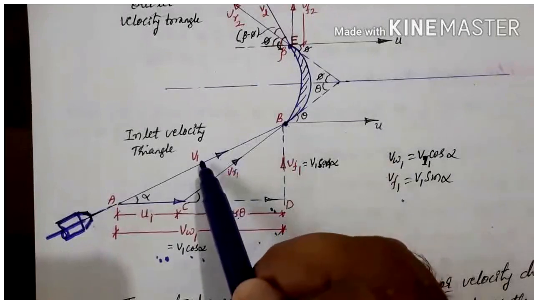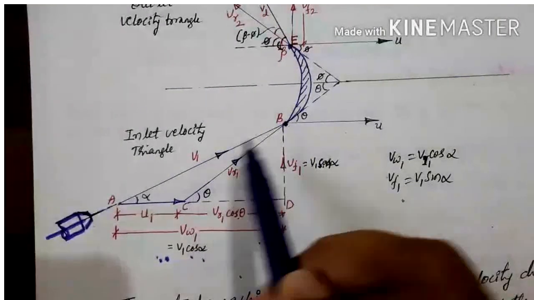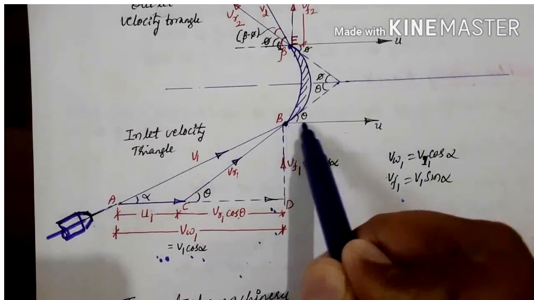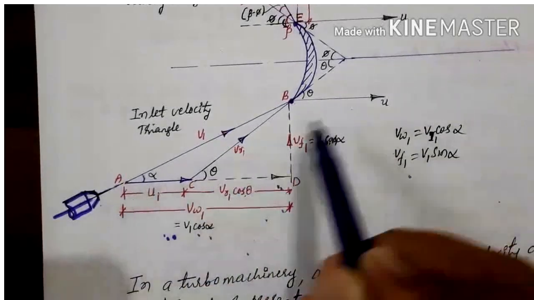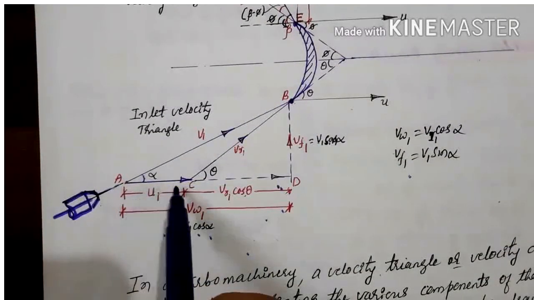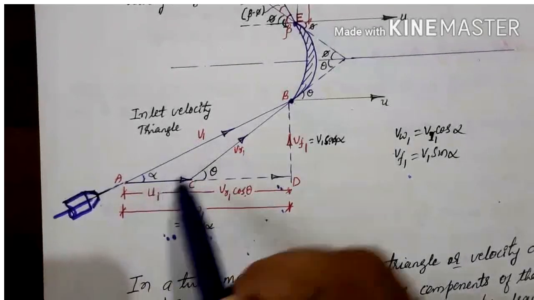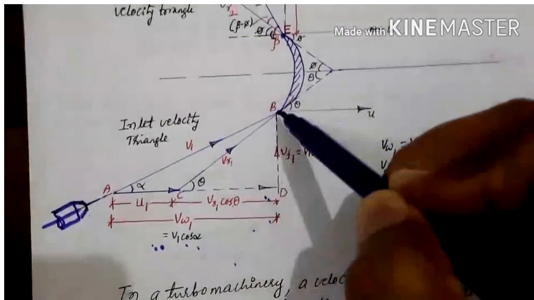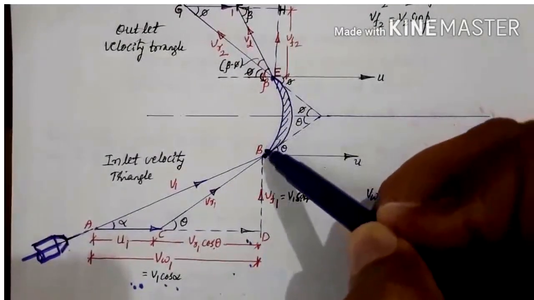The jet as well as the vane both have direction as well as magnitude. Let us shift this vector and keep it here with the same magnitude and direction we have shown here, that is u1. Then the difference of these two will be VR1. With this velocity the jet is entering into the blade passage, and we have assumed the blade passage is very smooth.